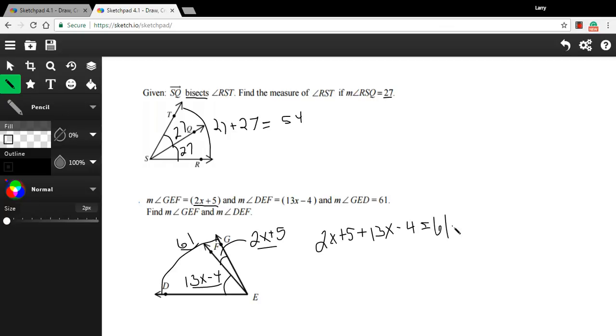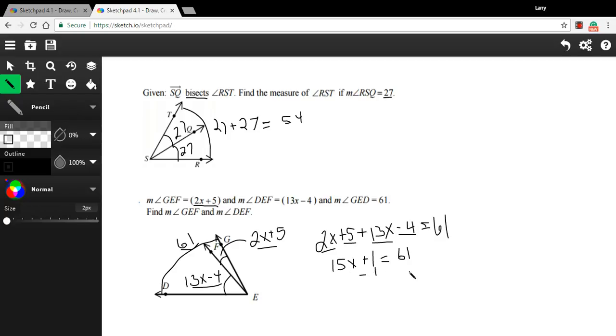Okay, so we have an equation. We can solve this for x. We'll need to combine the like terms first. We've got 2x and 13x. That would add up to 15x. And we've got a 5 and a negative 4, so that adds up to 1. All of that equals 61. To solve for x, we want to get the x term alone, so we've got to get rid of this plus 1.